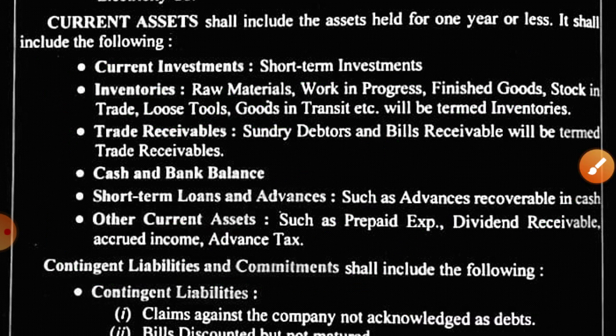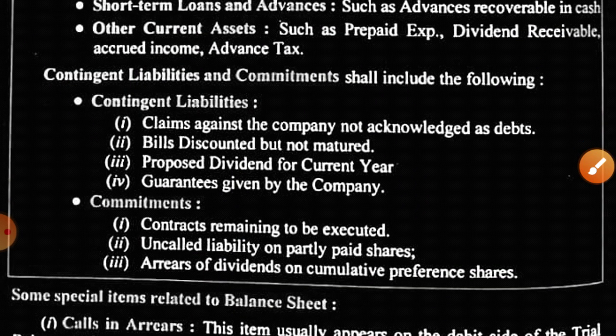Is this clear? So what are these contingent liabilities? Contingent liabilities are the liabilities which depend on the happening of a certain event. They are not fixed or not sure, but it will become a liability only after the happening of a certain event.